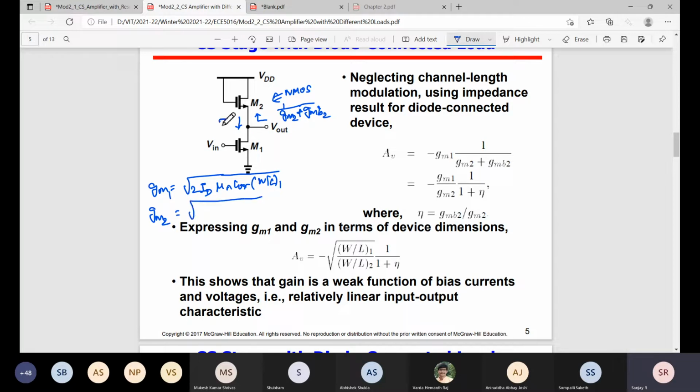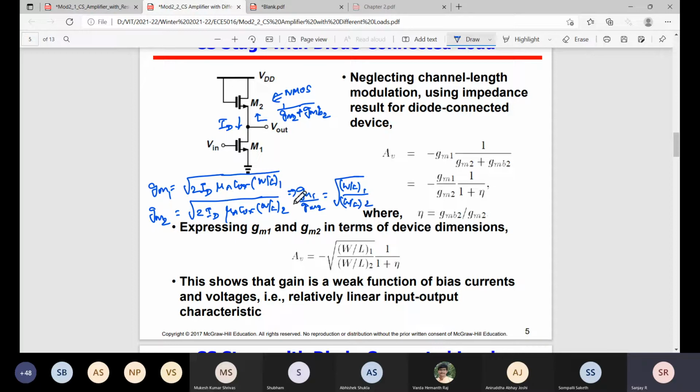Same current, so root of 2 ID, same NMOS, same mobility, Cox W by L2. So from this I can write gm1 divided by gm2 equal to root of W by L1 divided by W by L2.